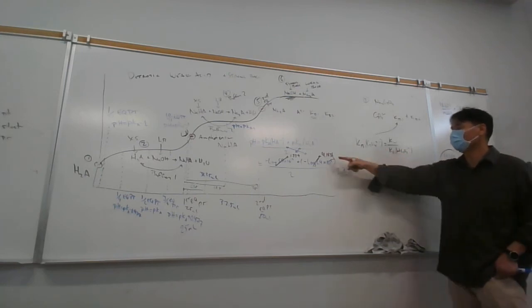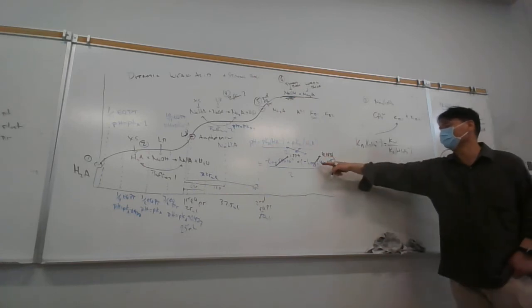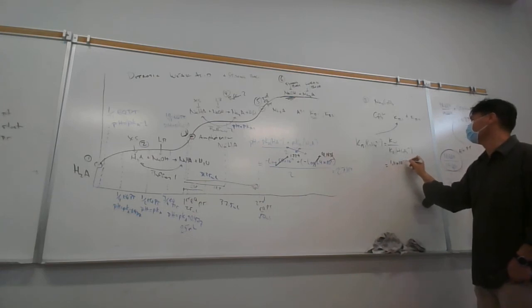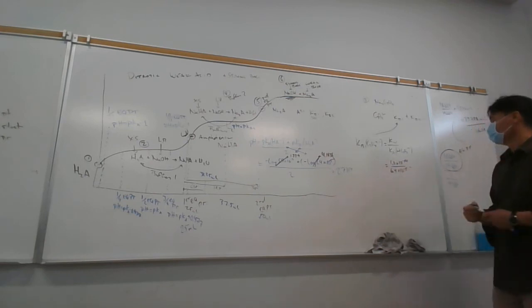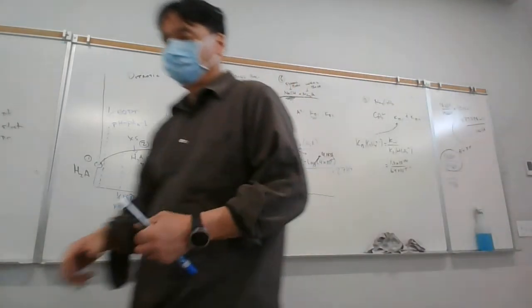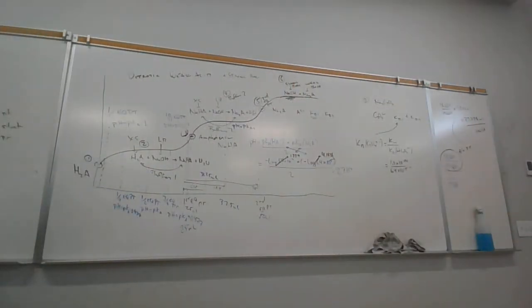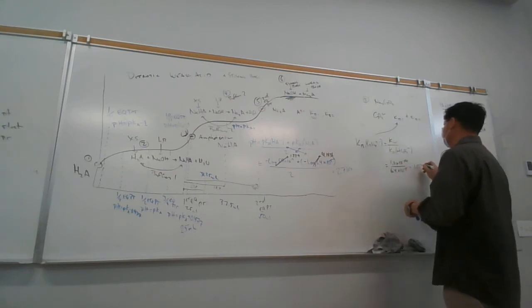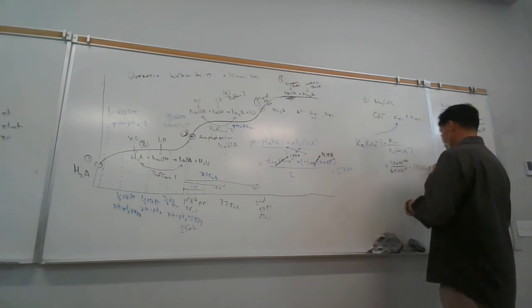All right, the Ka for that is 4.1959. Here it is, 6.4 times 10 to the minus 5. So this is 1.0 times 10 to the minus 14 divided by 6.4 times 10 to the minus 5. 1 times 10 to the negative 14 divided by 6.4 times 10 to the negative 5 is 1.5625 times 10 to the minus 10.